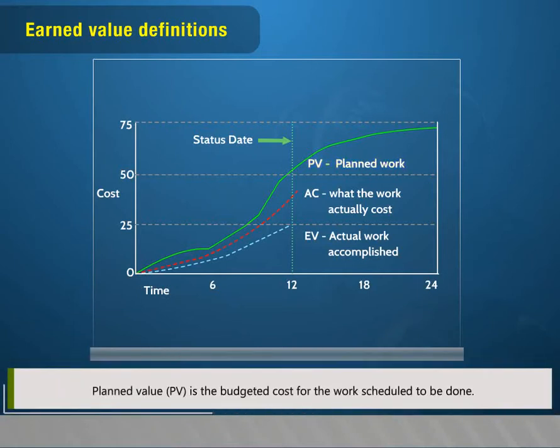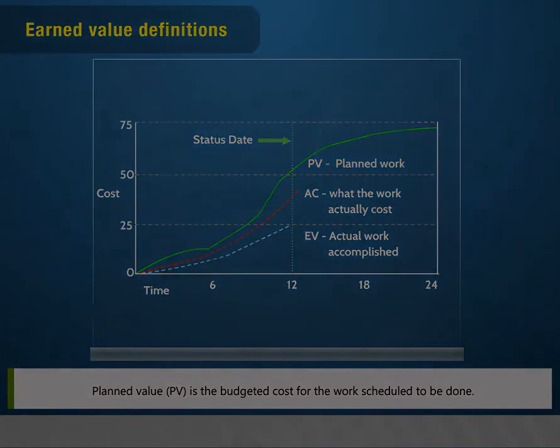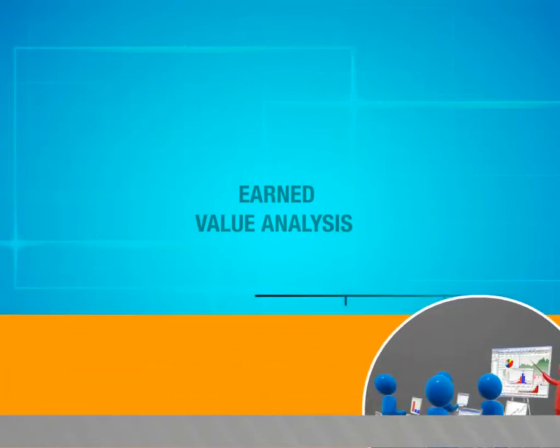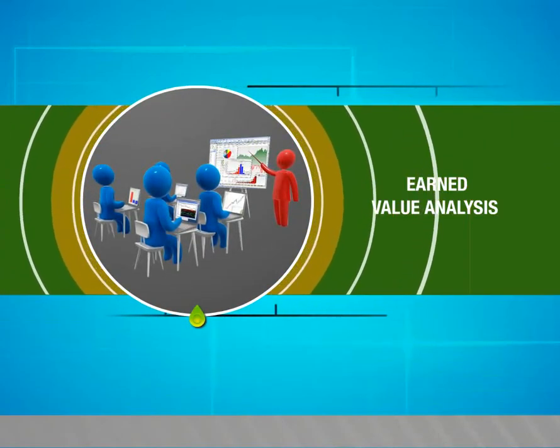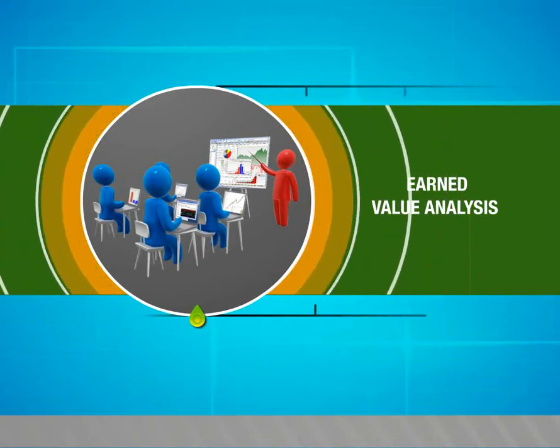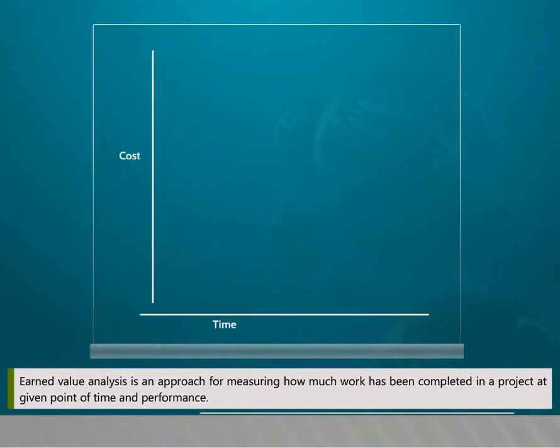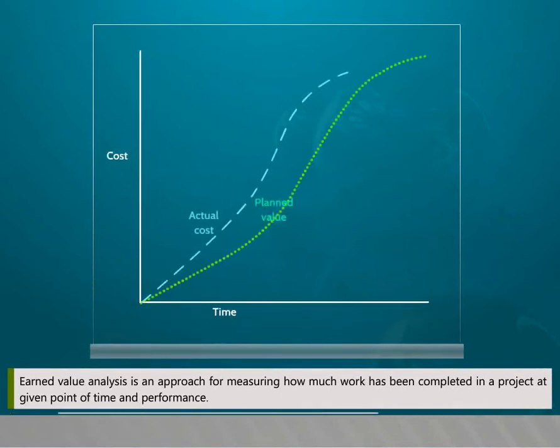Earned value terminology. Earned value analysis (EVA). It is a quantitative technique with which we can evaluate the performance of the project and predict the final results. For this, we compare present progress and cost incurred to planned estimations.